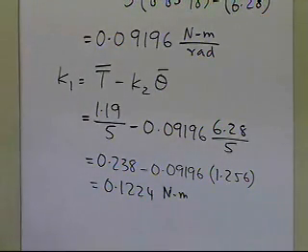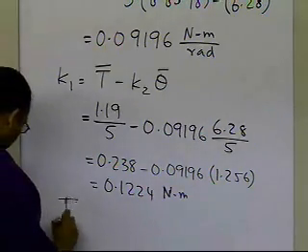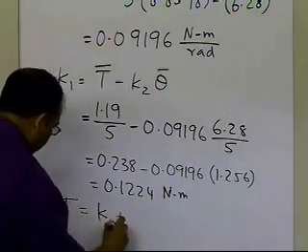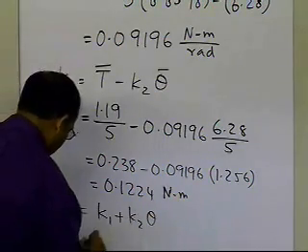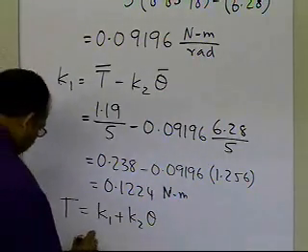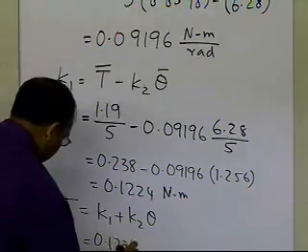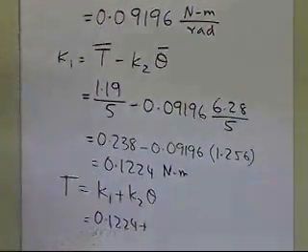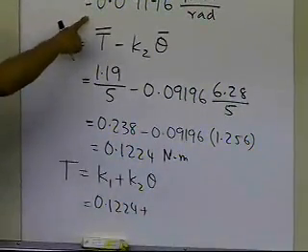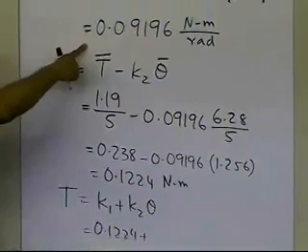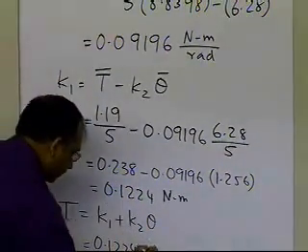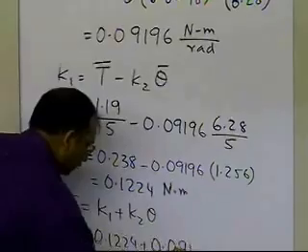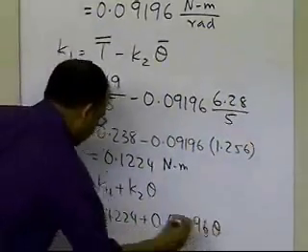So based on this, we have been able to find the regression model for our mousetrap spring, that torque is equal to K1 plus K2 theta. K1 is equal to 0.1224 because we just found out what K1 is, and K2 is 0.09196, so 0.09196 theta.